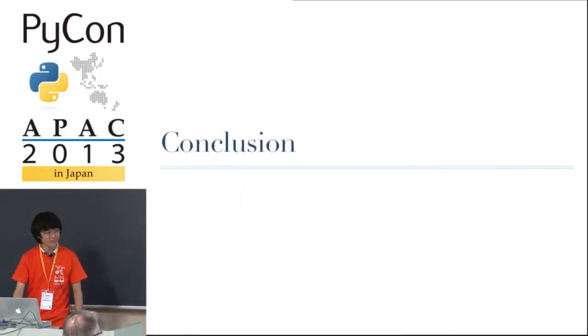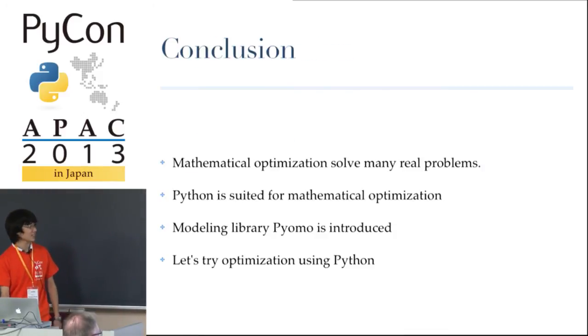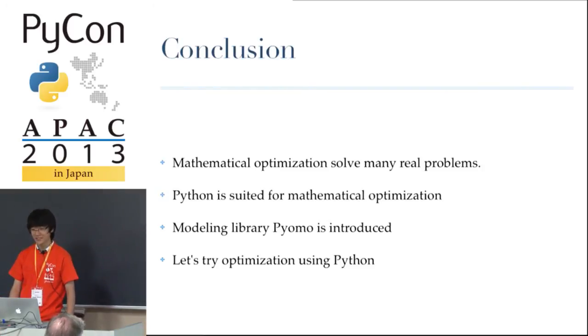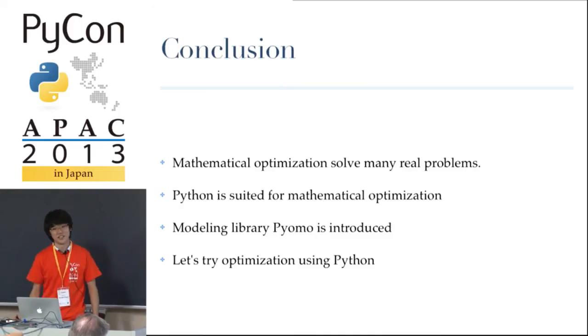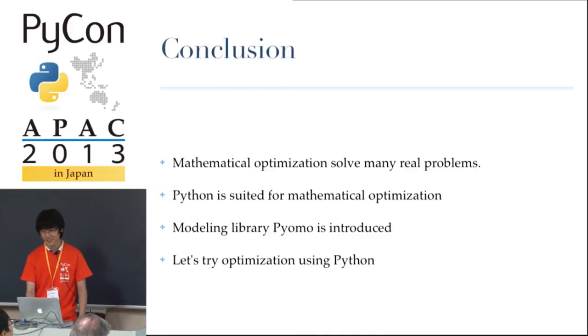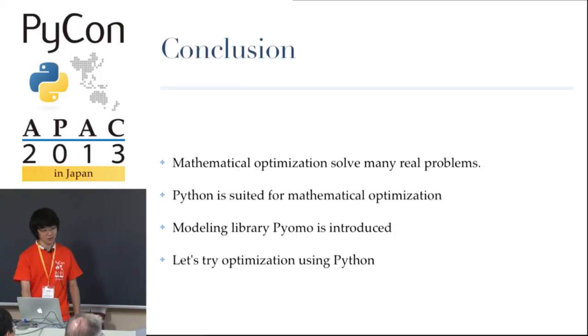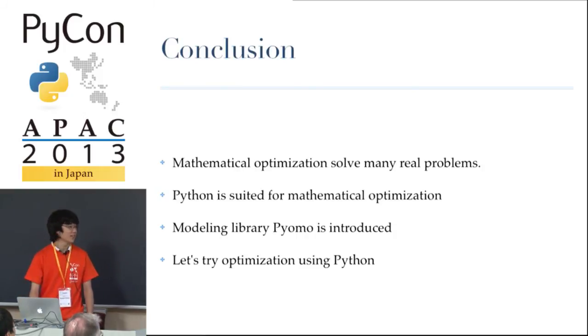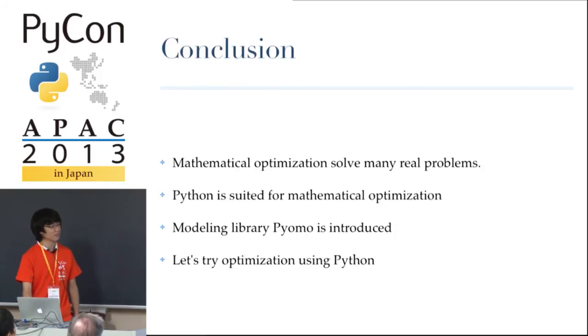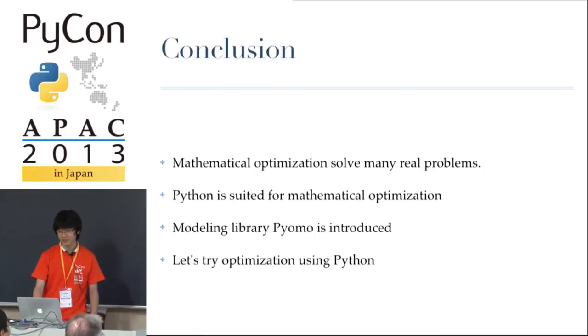Okay, finally, conclusion. Mathematical optimization solves many real problems, including Sudoku puzzle. Many kinds of problems can be solved. And Python is suited for this field.